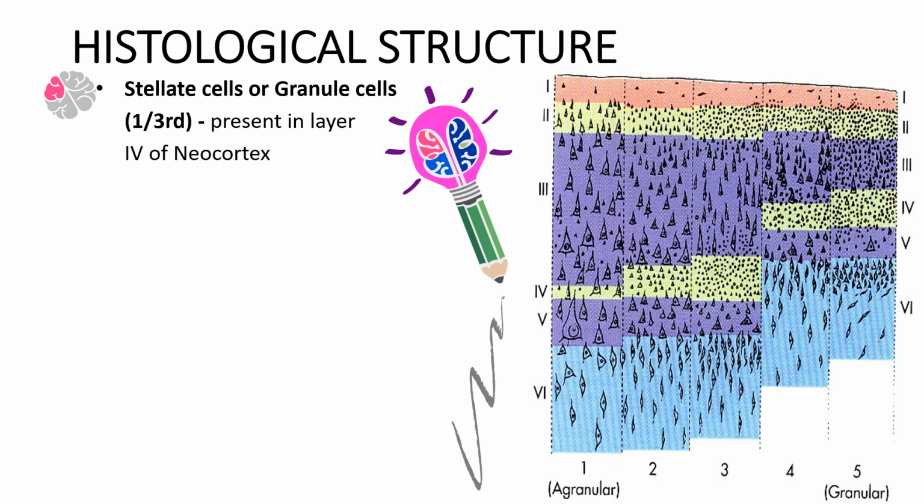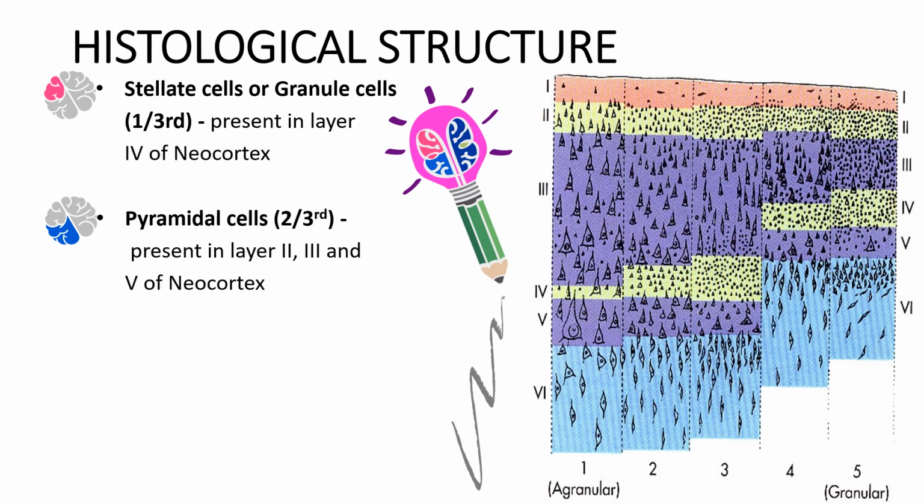They have small cell bodies, where the dendrites arise from all directions, and they are present in the fourth layer. These stellate cells are seen in the primary sensory cortex.